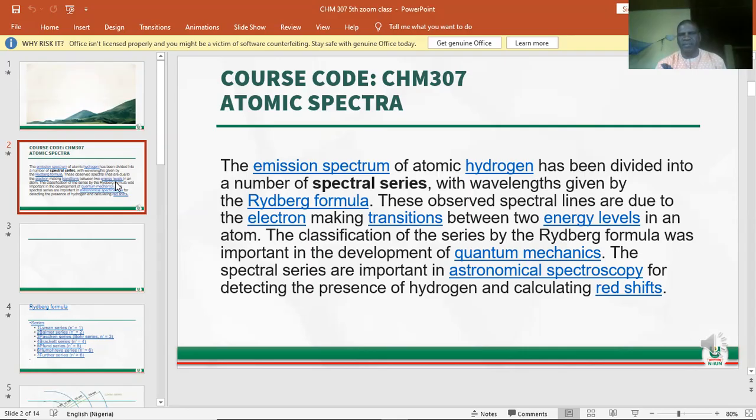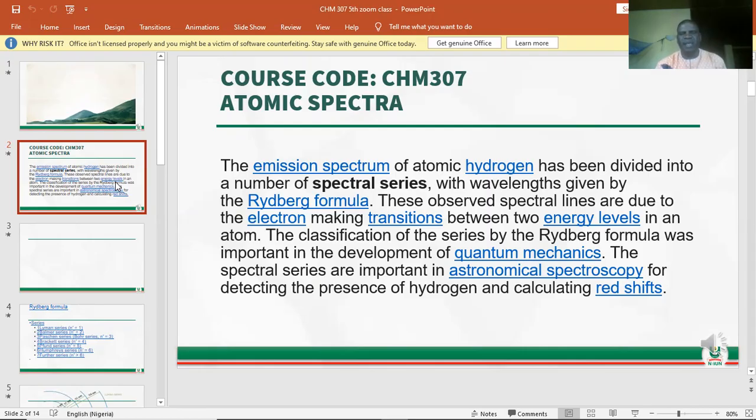If you remember, in one of our previous classes, we mentioned the atom being in a ground state and the atom being in an excited state. The atom being in the ground state, that's when it is stable, and it will require some additional energy to move the electrons to an excited state.